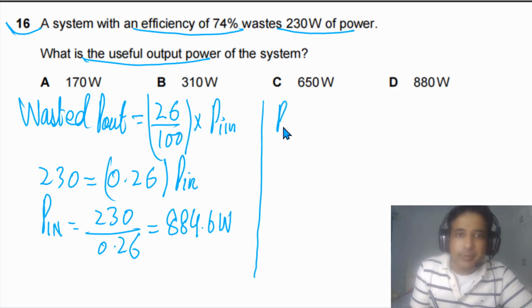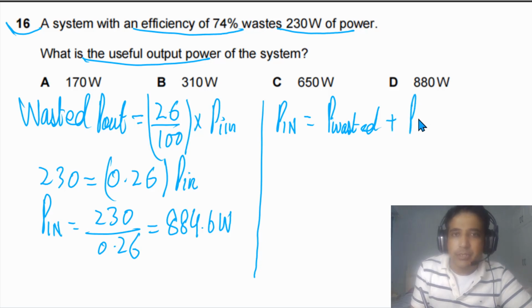So we have P in. P in has to be equal to P wasted plus P output, meaning P useful output, P useful. So this is the output, this is the input.